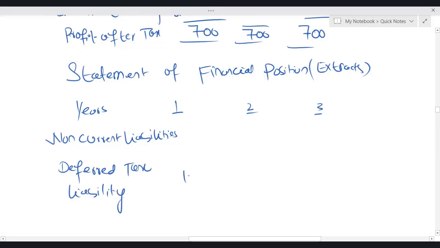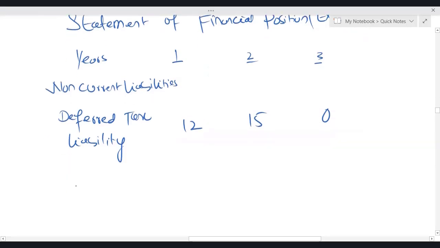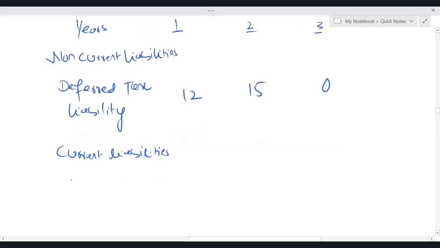First year it is 12, then 15, and then 0. In SOFP, you will always show the closing liability. Current liabilities: simply current tax payable.